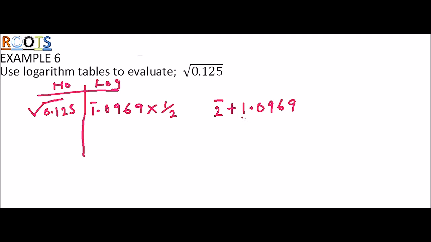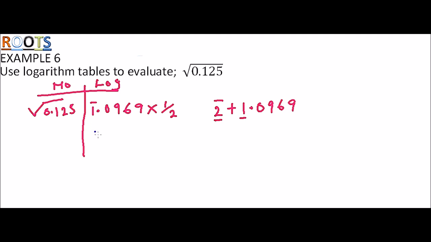Realize that here we have added 1 to the mantissa and subtracted 1 here. So if you add bar 2 plus 1, you still end up with bar 1. Now the characteristic must be a whole number.